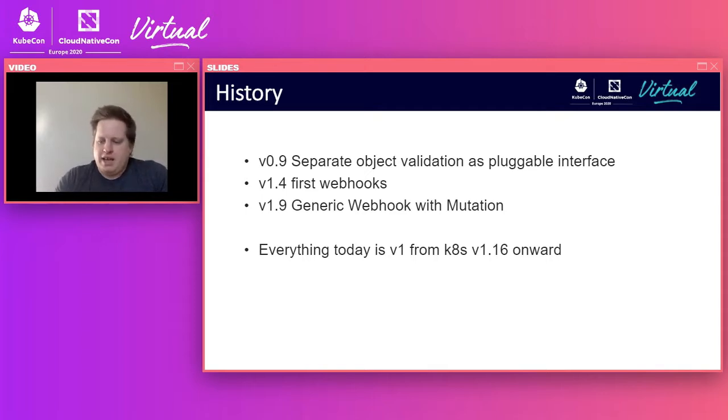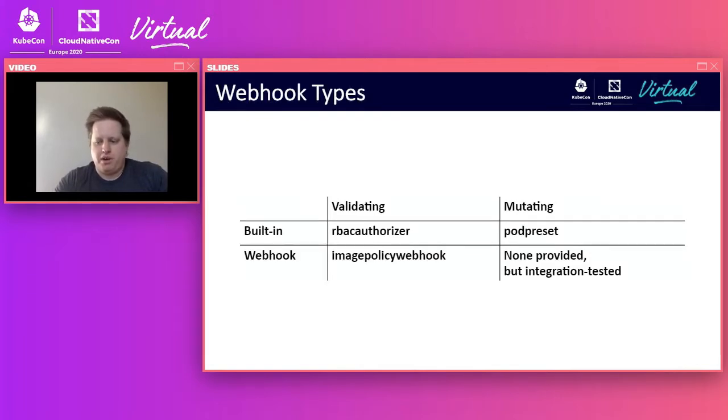Everything that exists today is V1 now. It's not alpha or beta anymore, and exists in Kubernetes from 1.16 onward, which covers most of the currently supported releases.